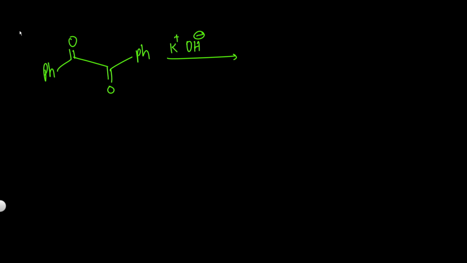So here we have a Ph, double bond O, carbonyl, then again Ph, and we have taken here K plus OH minus. K plus is the counter ion, right?